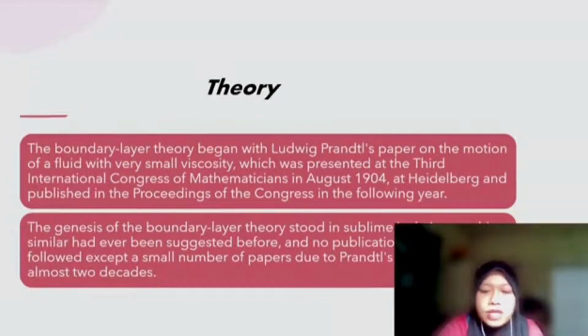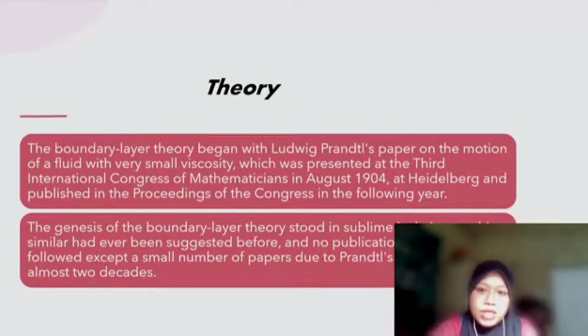The boundary layer theory began with Ludwig Prandtl's paper on the motion of a fluid with very small viscosity, which was presented at the Third International Congress of Mathematicians in August 1904 at Heidelberg and published in the Proceedings of the Congress in the following years. This paper marked an epoch in the history of fluid mechanics, opening the way for understanding the motion of a fluid.